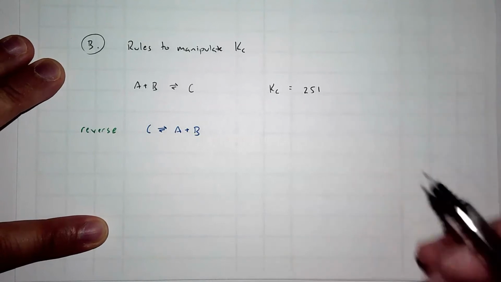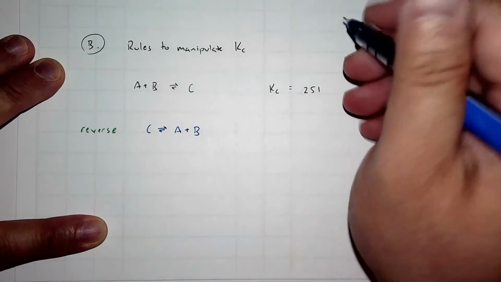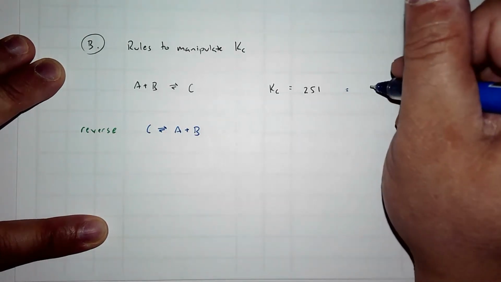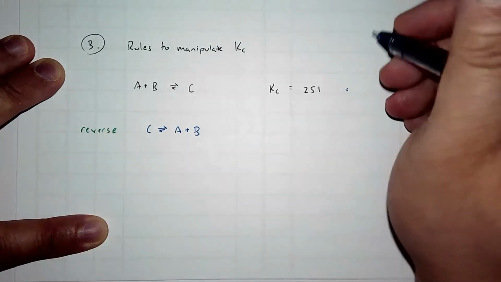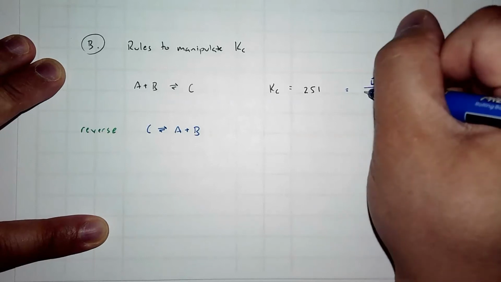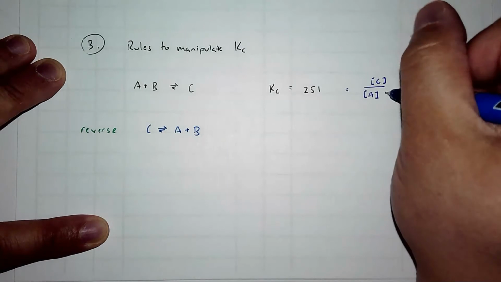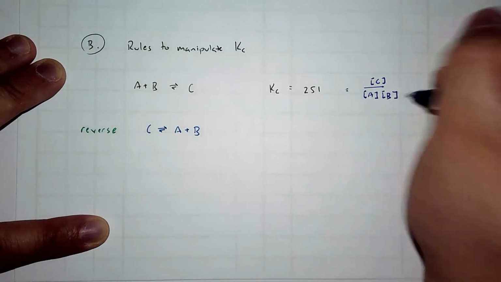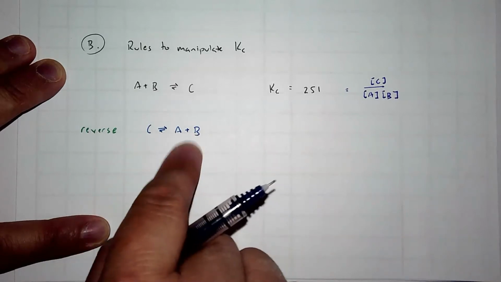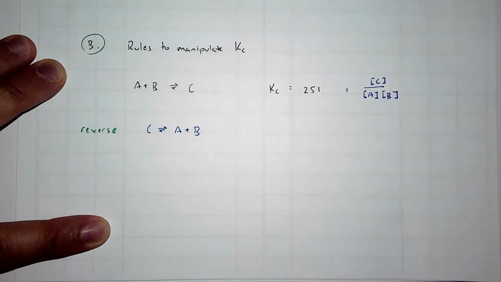Remember that Kc is the products over the reactants. I was debating whether I should put coefficients, but let's not complicate things right now. So when you go in the reverse direction, now our products are A and B, so what do you do? You take the inverse.